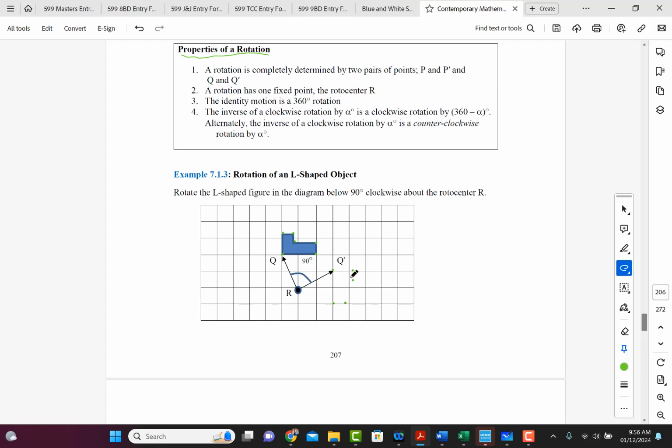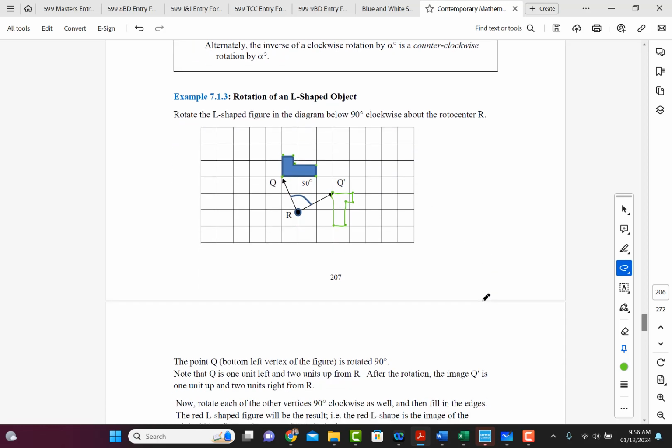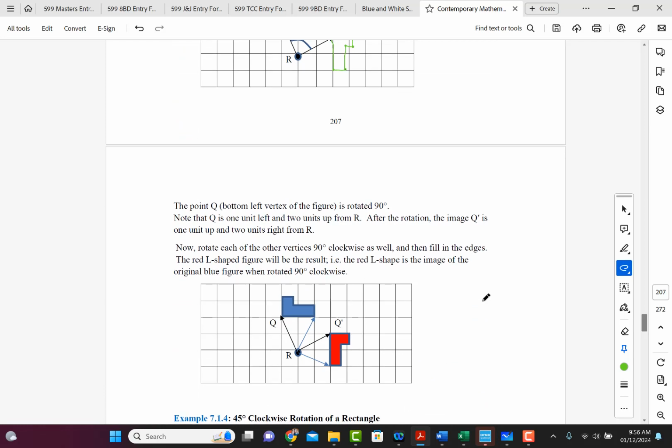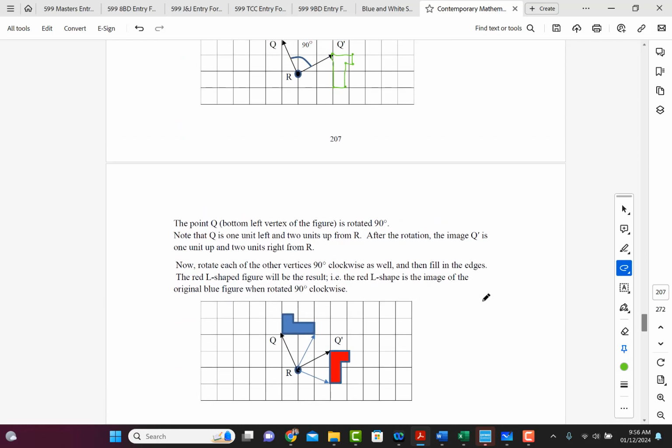Okay, and then we got this point. What's going to happen is if I connect the dots, it'll look something like this. I'm not going to shade it in, but if you rotate up, this is what we get.